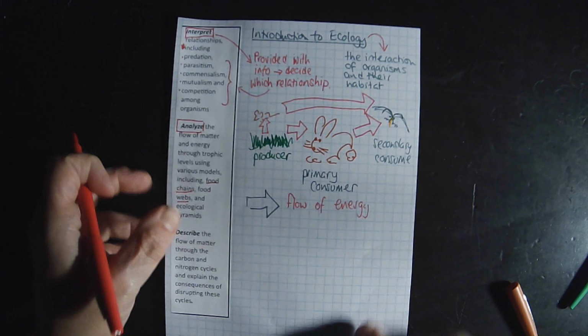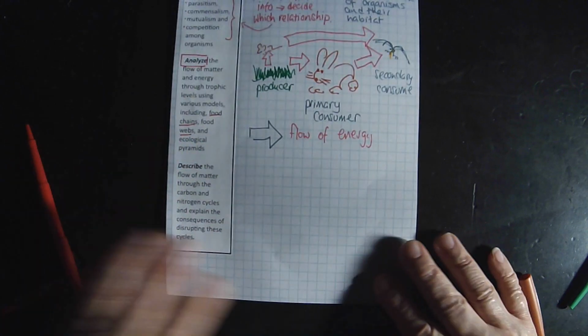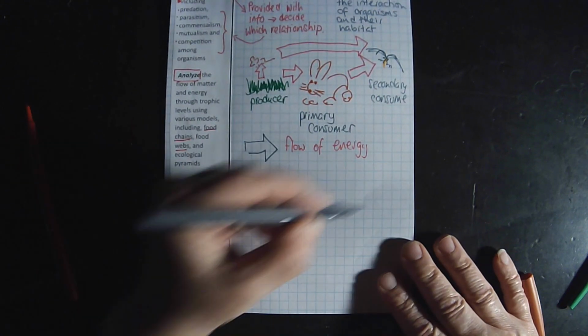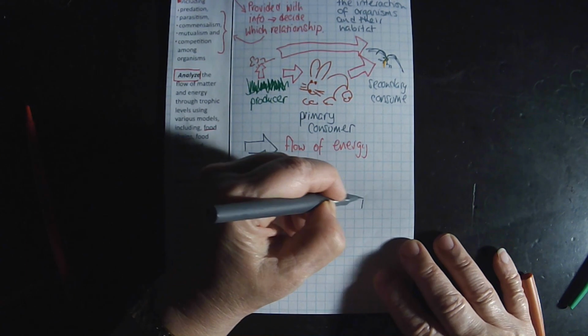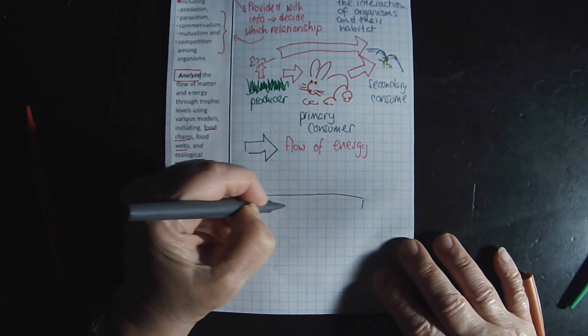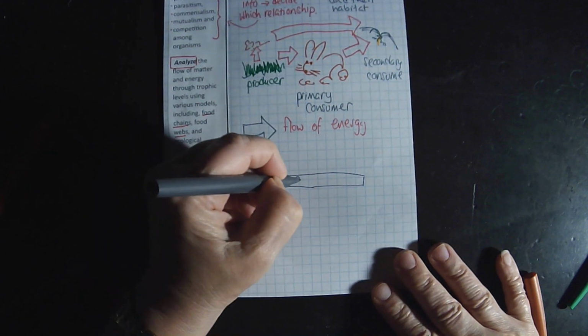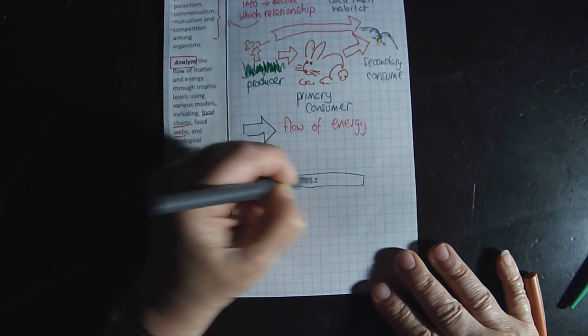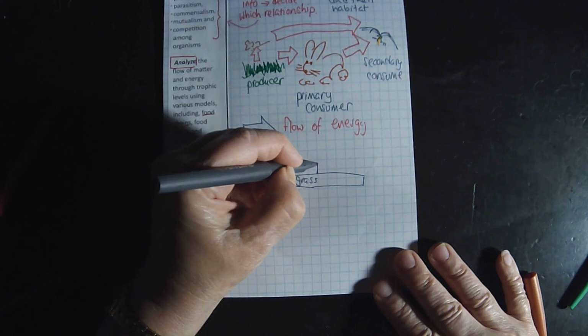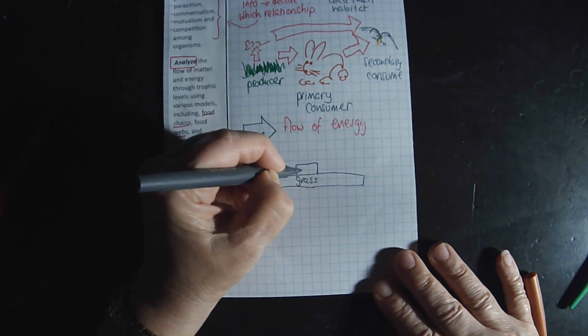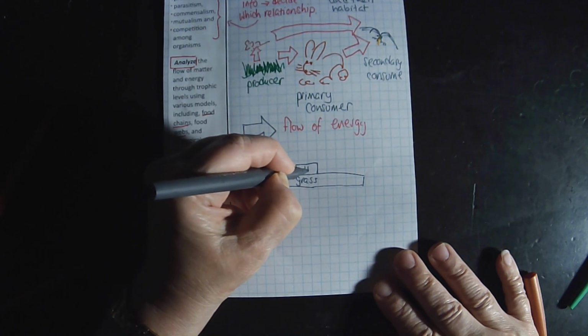Okay? Ecological pyramids are nothing more complicated than if I count up the entire mass of all the grass, right? So this is the grass. And then I count up the mass of all the bunnies, right? That's the rabbits.